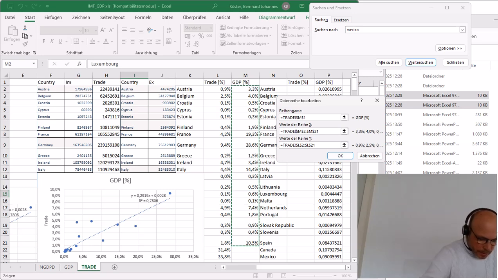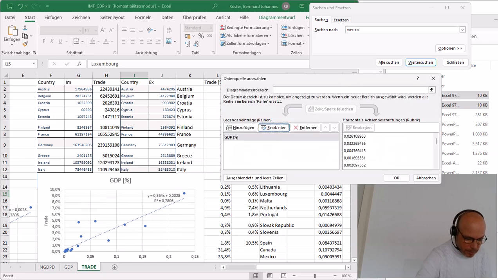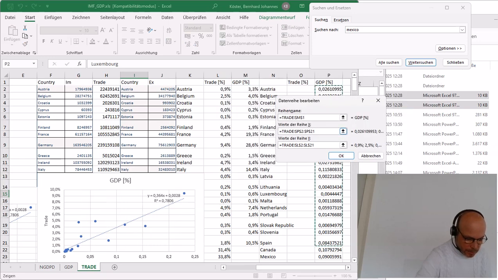This has then to be P. Okay. And also with Canada and Mexico, so down to 23.